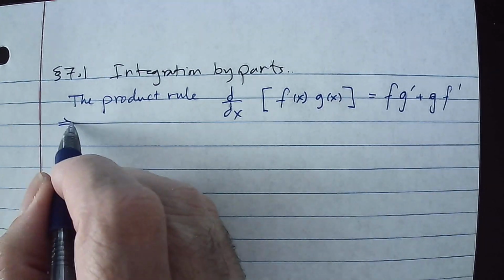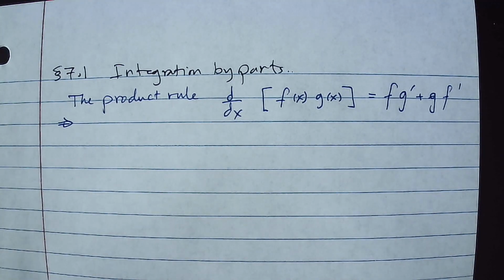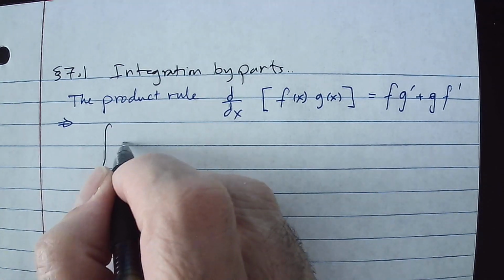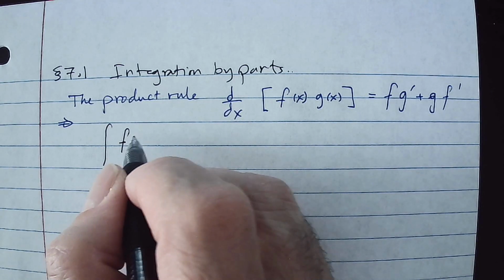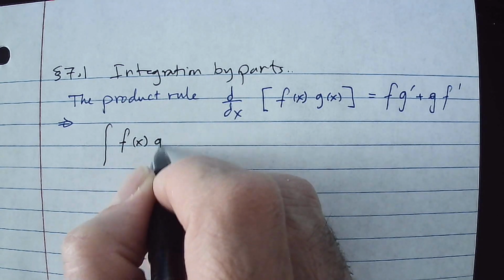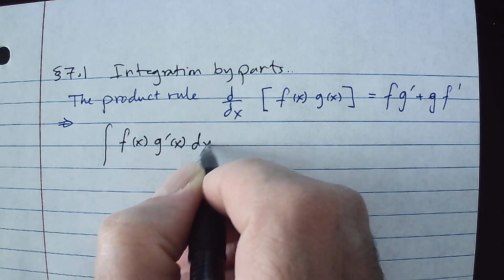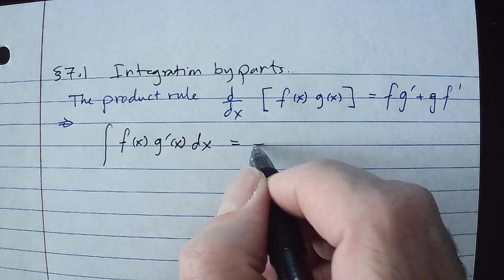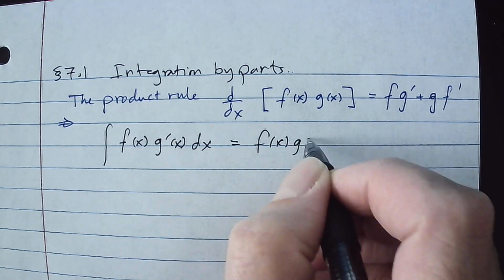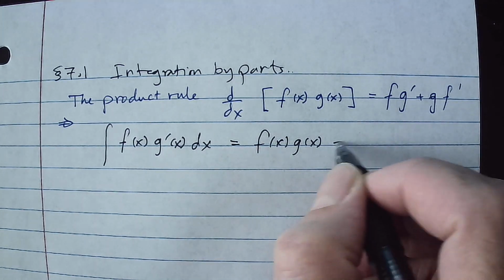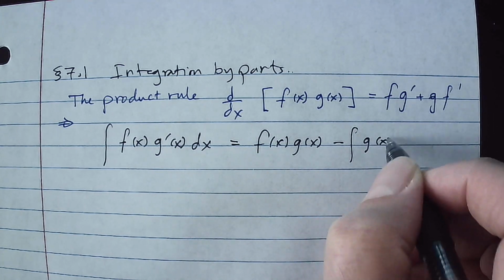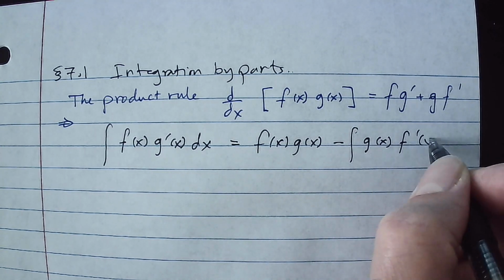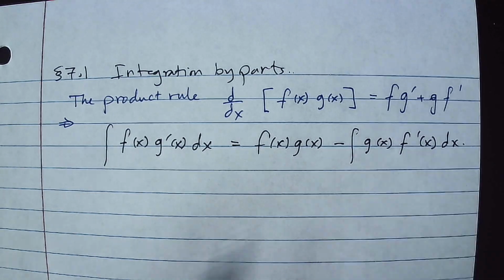From this rule, we come to the fact that if we have the integral of f of x times g prime of x dx, this can be integrated as f of x g of x minus the integral g of x f prime of x dx.